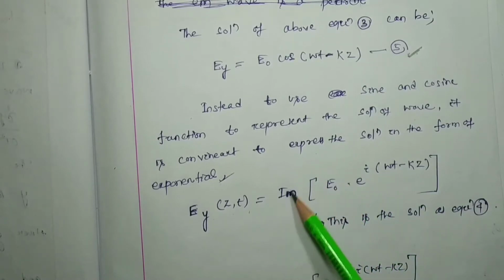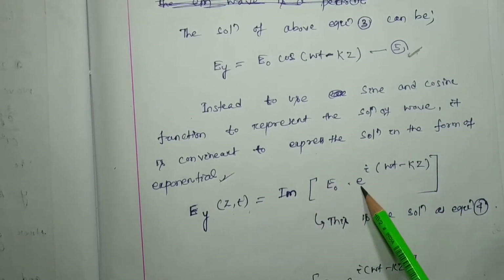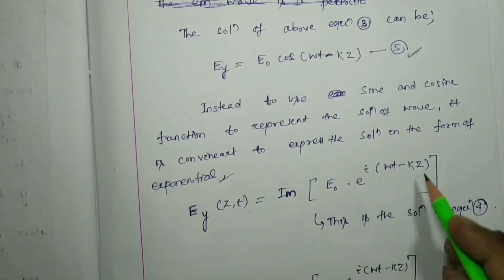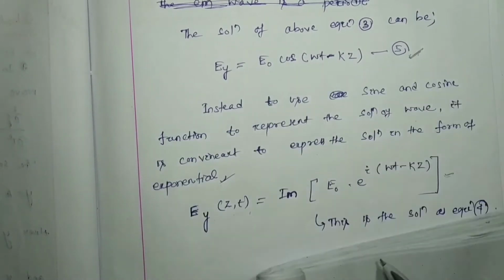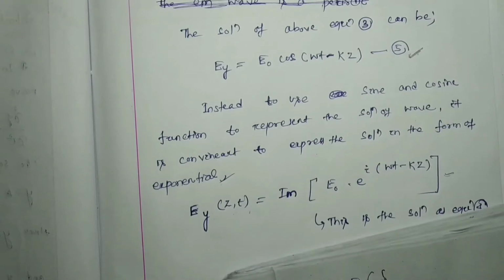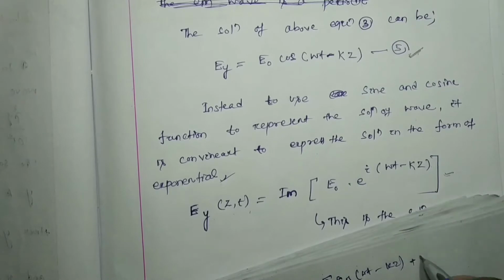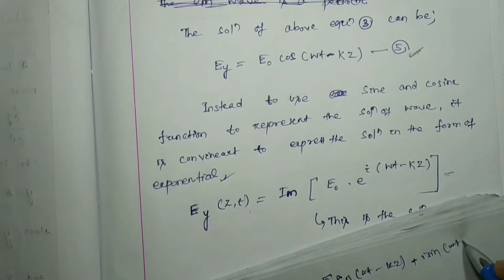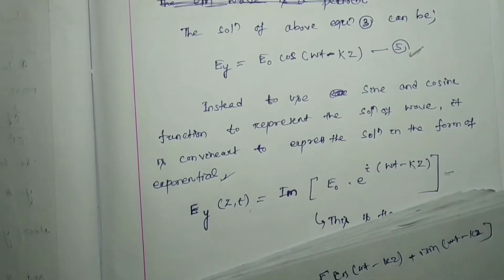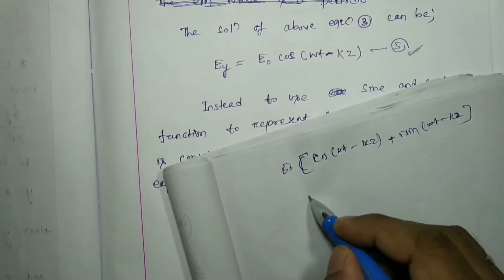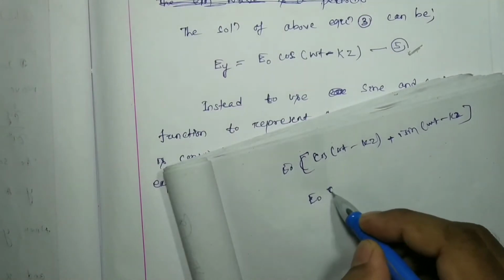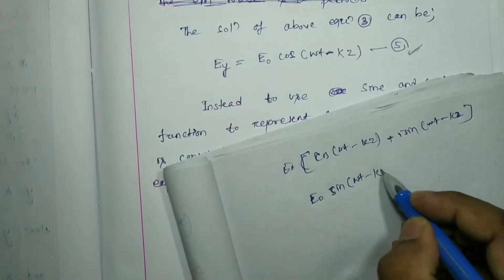See, if we consider the imaginary part of E0 e to the power i(omega t minus kz), it is nothing but E0 cos(omega t minus kz) plus i sin(omega t minus kz). So if we consider the imaginary part of this, it will be nothing but E0 sin(omega t minus kz).